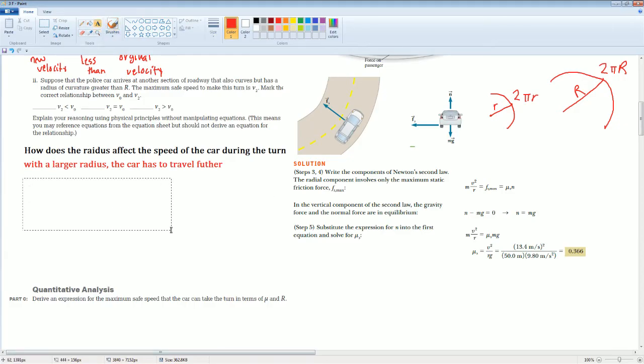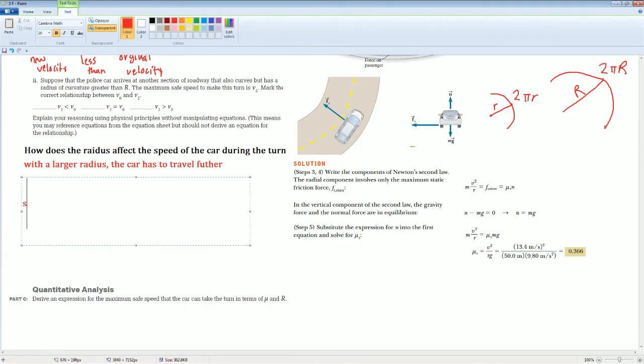So with a larger radius, the car has to travel further. So with the same force, please understand this, with the same amount of force, the car, because again, force can be different sometimes. But here, given that they're taking the turn with the same amount of force, the fact that now it is a longer distance, the car has to go faster.